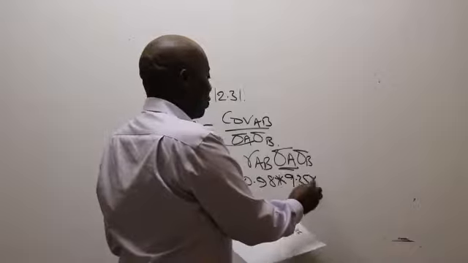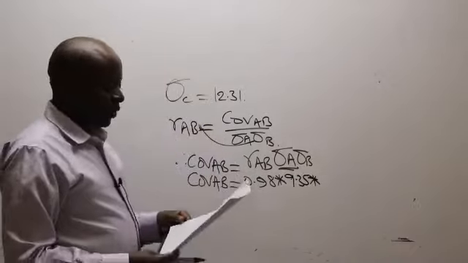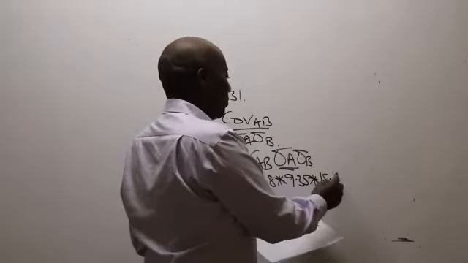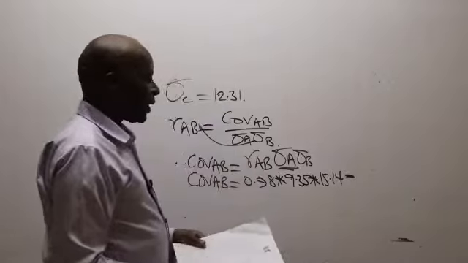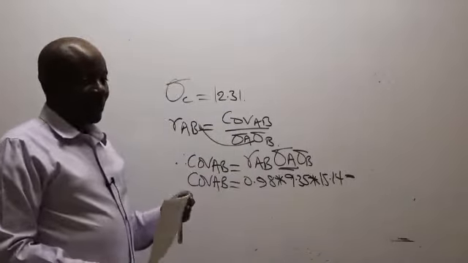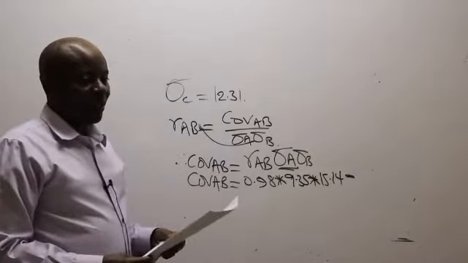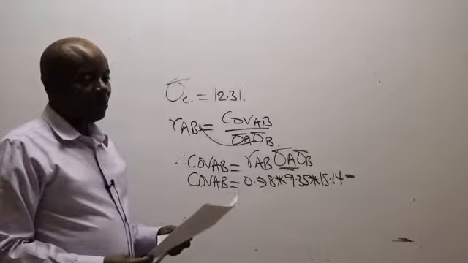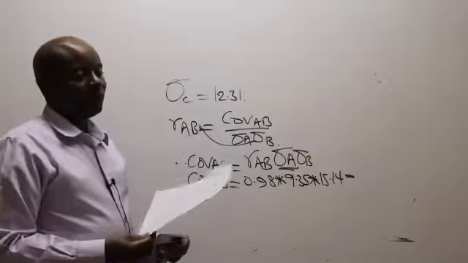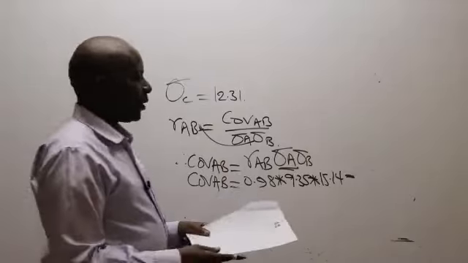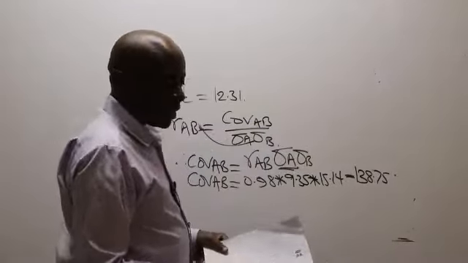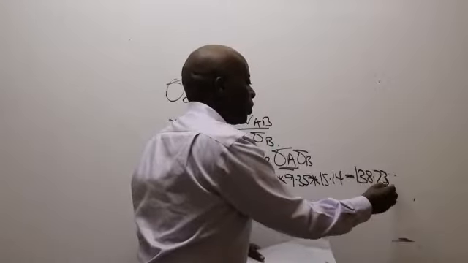How about the standard deviation of B? 15.14. So could you kindly give me the covariance between A and B? 138.73. Thank you very much.